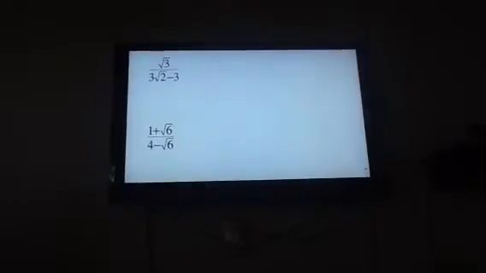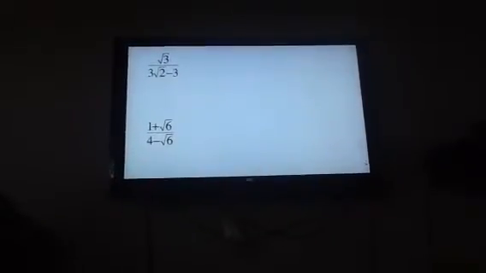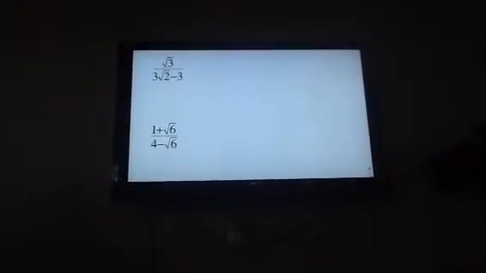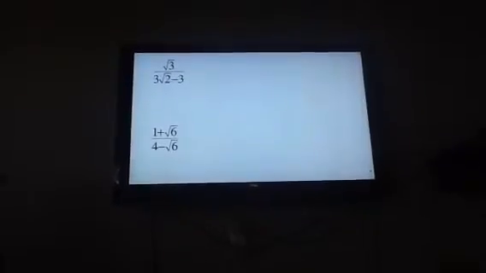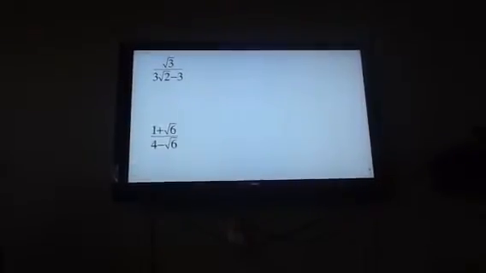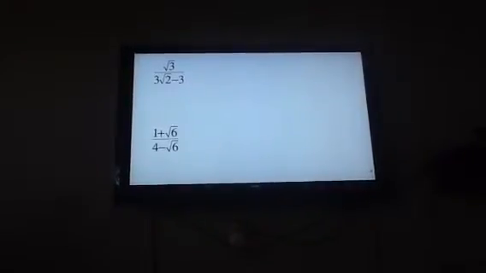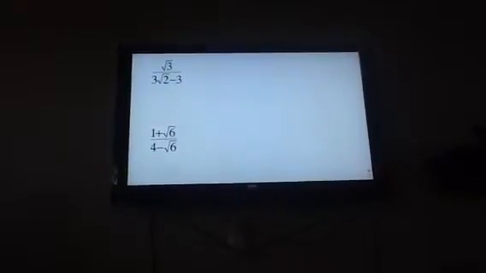So the other day I talked about the concept of conjugates. Okay? And conjugates were two expressions whose first terms and last terms were the same with the opposite sign. In fact, let me go back real quick to those notes so I can point out what happened on those.